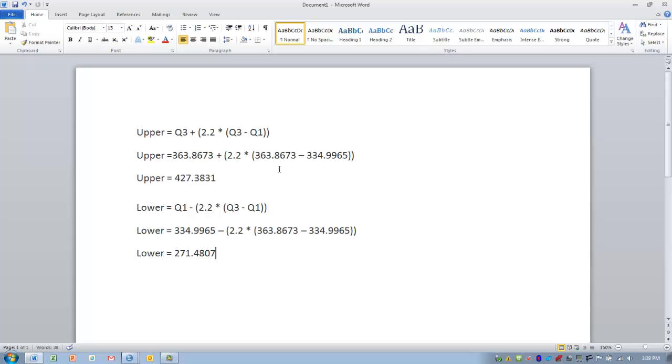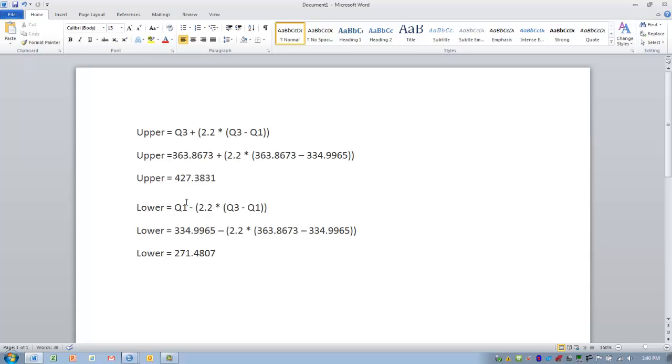Once we do the arithmetic here, we're going to come up with an upper boundary of roughly 427. So we're taking the third quartile score, performing this product, and then adding it to that third quartile score, and that gives us our upper boundary for outliers.